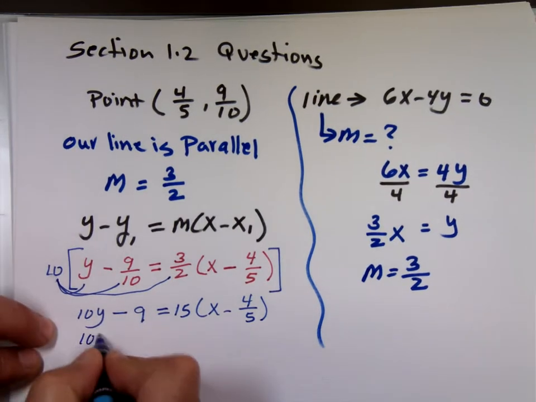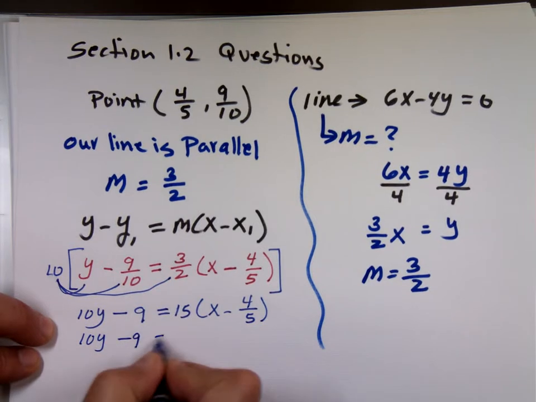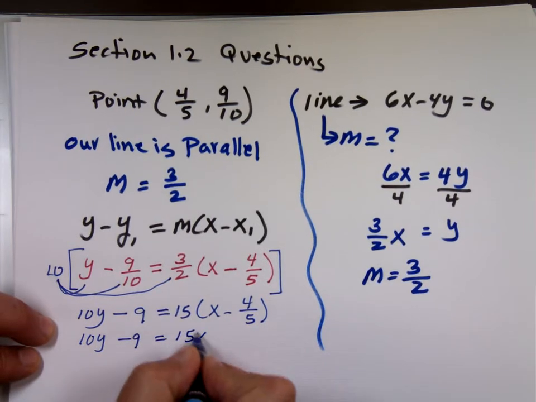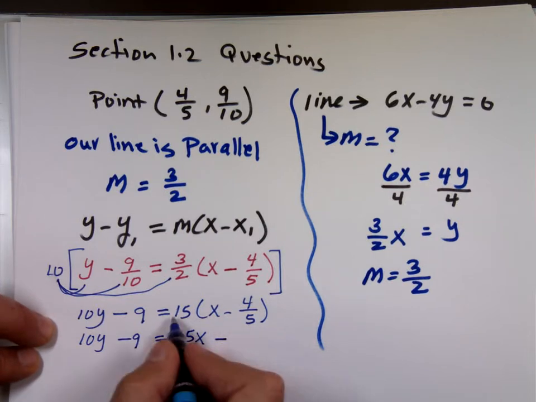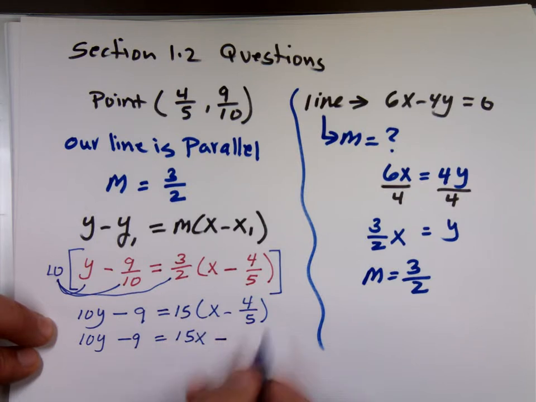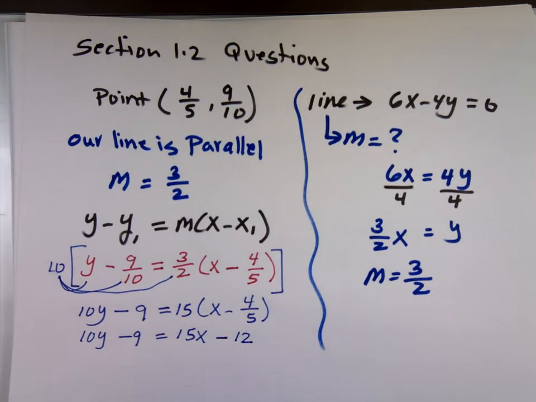Ten y minus 9 equals 15x minus, well, that'll be divided by 5, that's 3, so 3 times 4 is 12, or 60/5, which is 12.